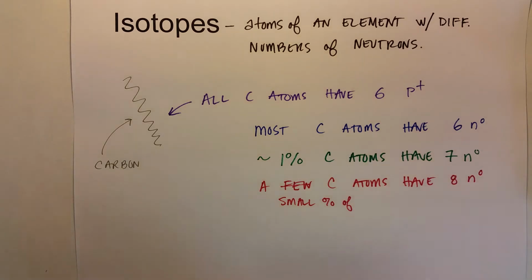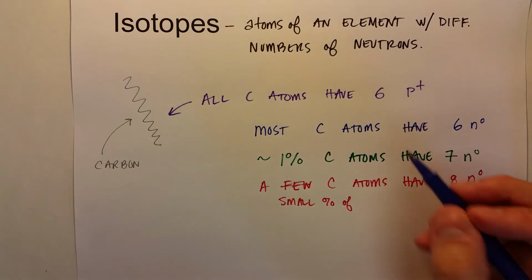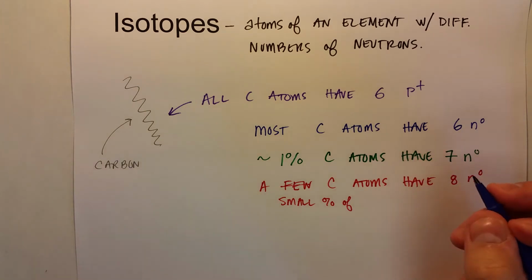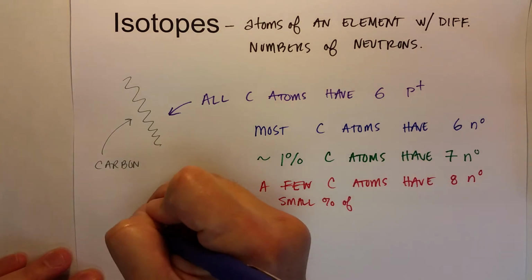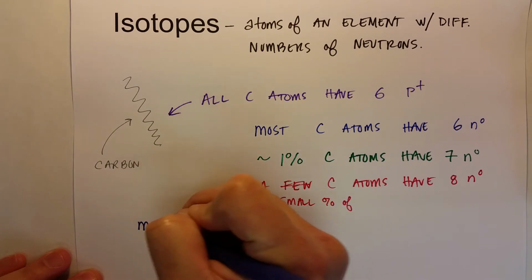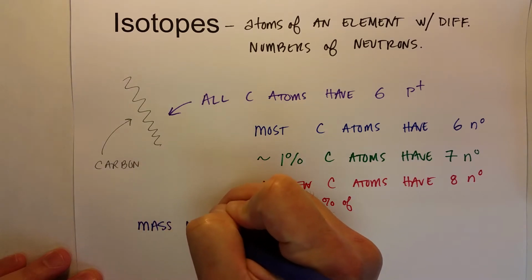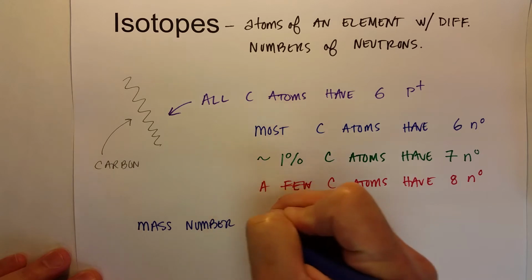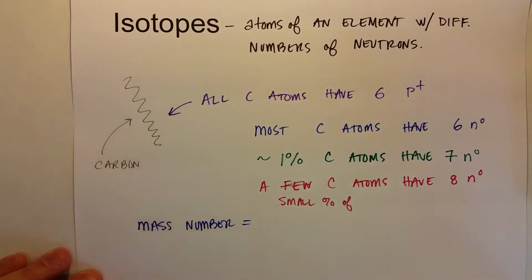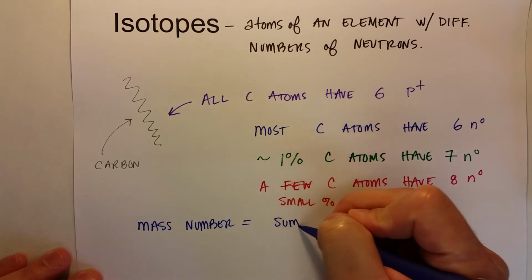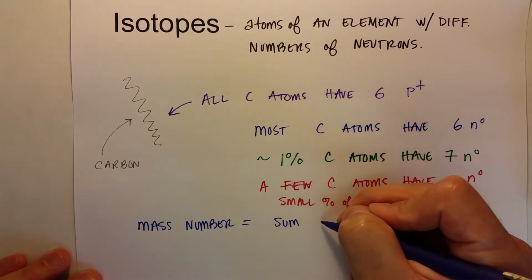But another thing that we're going to use to differentiate between the isotopes is what's known as the mass number. The mass number of an atom is equal to the sum of the protons and neutrons.